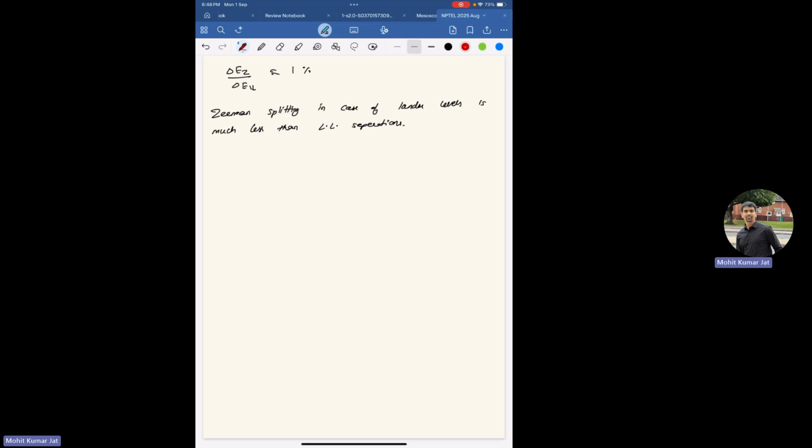So how to tune the Fermi level in graphene.